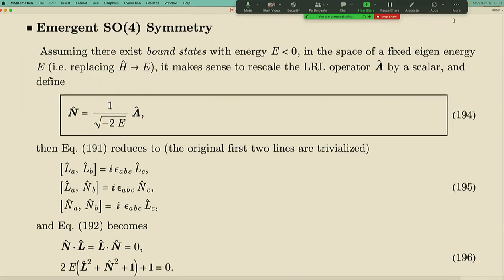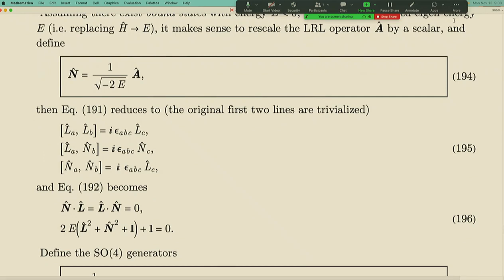That is just for convenience, because once we do this normalization, it turns out that in terms of this N operator, the commutation relation has a very simple form. Remember, previously we had some H over there, but now H gets replaced by E and further gets renormalized and absorbed into the definition of N, such that we have such a clean relation between the angular momentum and this N, which you can say is like a rescaled LRL vector.